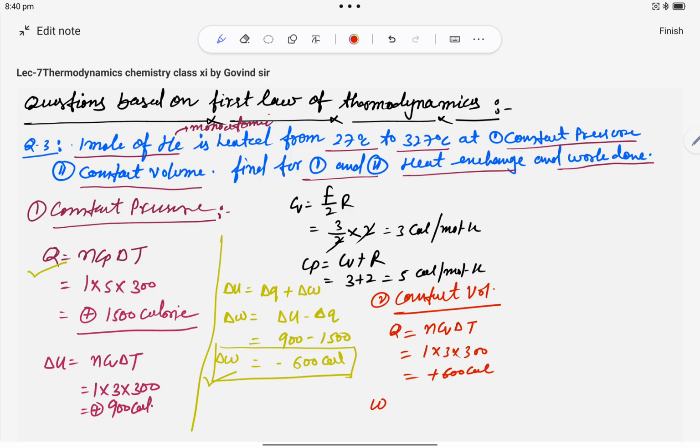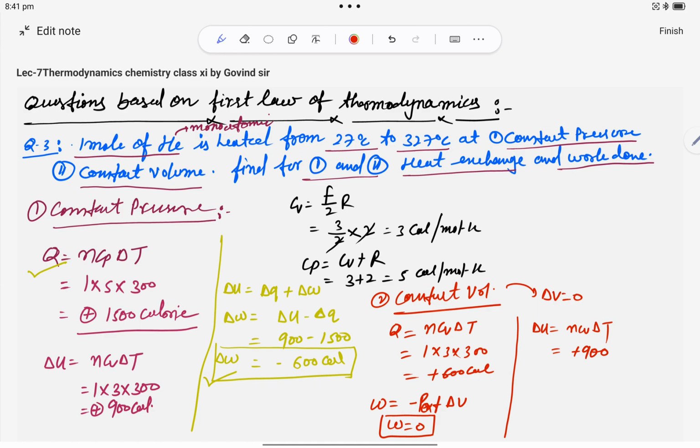And W you can apply the direct formula, minus P external delta V, at constant volume. So delta V, the change in volume, is 0. So W is equal to 0 directly. If you want to apply a formula, then check it. Delta U is equal to n Cv delta T, the same value again, plus 900 will come.